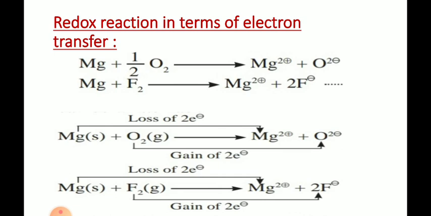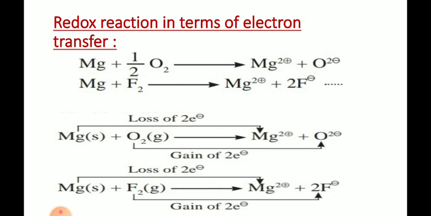In the following example, magnesium combines with an electronegative element such as fluorine, and again electrons get transferred during the combination. This is illustrated in the next steps. What happened? Mg loses 2 electrons, as shown with the arrow in this slide, and at the same time oxygen gains 2 electrons.